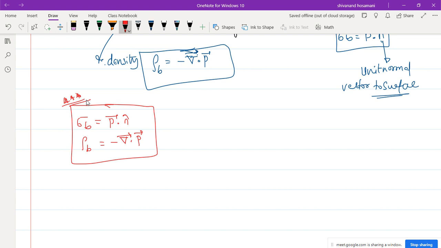Generally, when you are polarizing the material, two types of charges are going to appear.